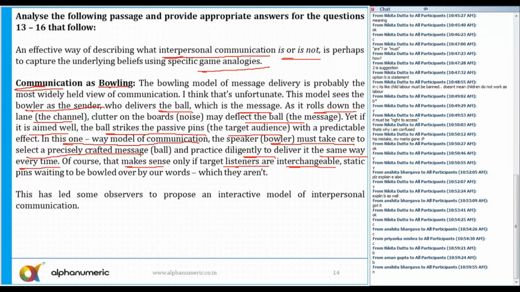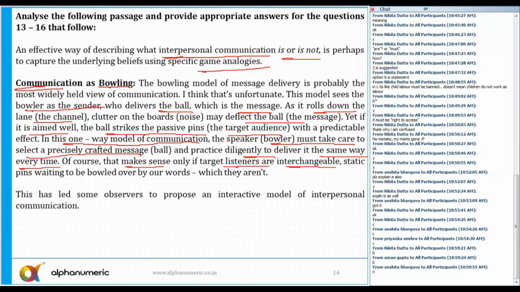No matter which person is there, everybody has to understand it similarly. All of them will have to understand the same message. If there is a difference in their understanding, then your communication has failed. So this one-way model of communication will only make sense when your target listeners are interchangeable. Otherwise, it does not make any sense.